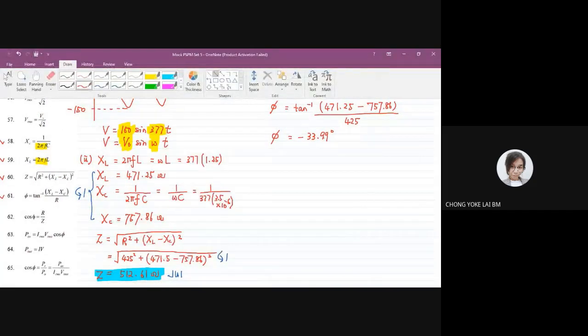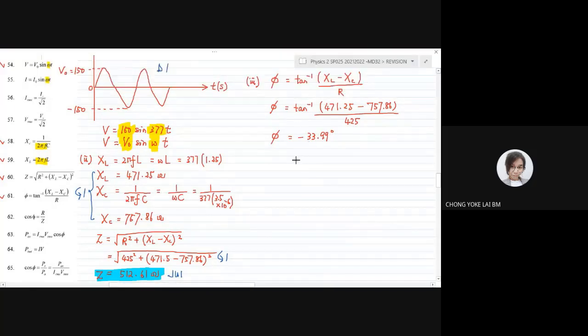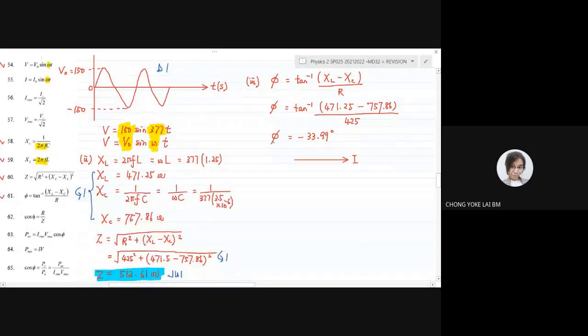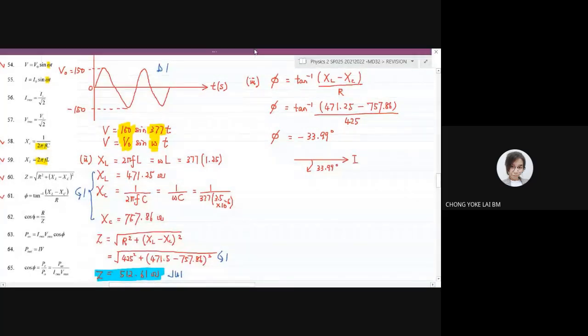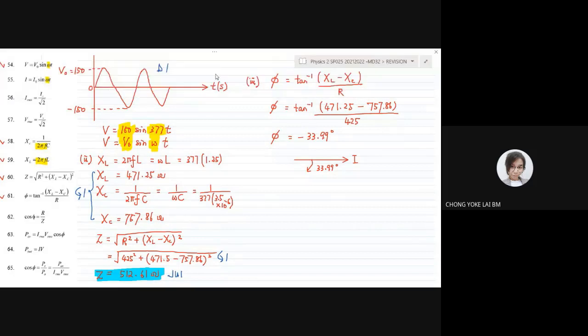Ataupun, you boleh lukis dulu phasor diagram. You can draw the phasor diagram. Current jadi rujukan. Lukis untuk current dulu. Phasor current. Lepas tu, phase angle you negatif. Negatif maksudnya dia duduk bawah. 33.99 degree. Then, you have your phasor for voltage.